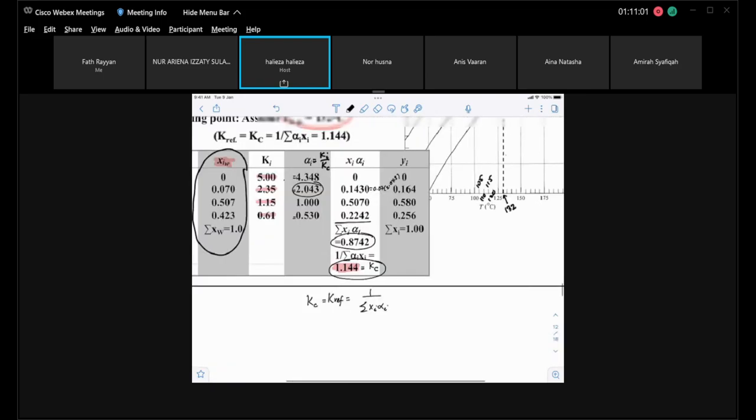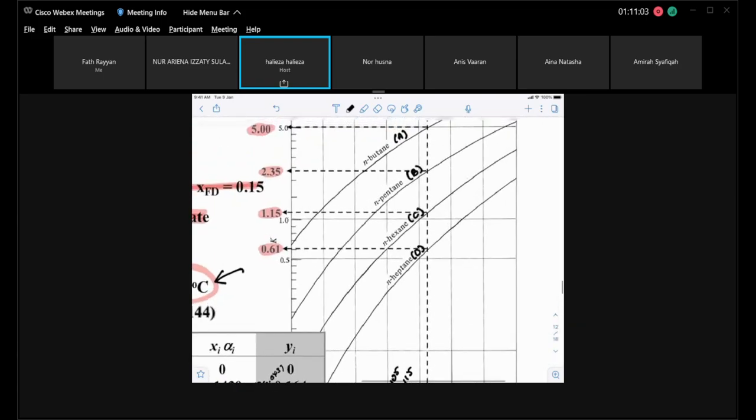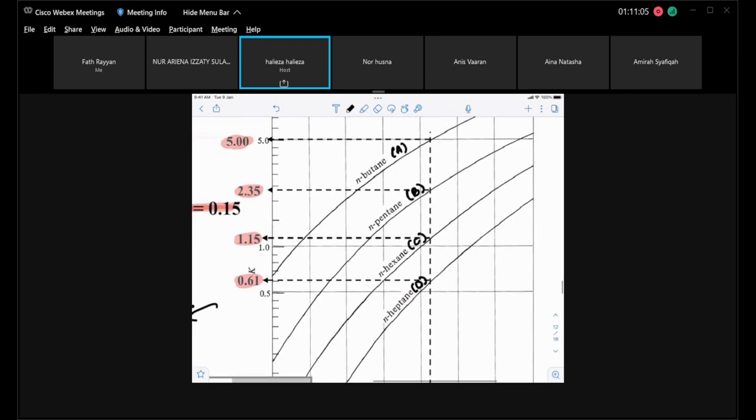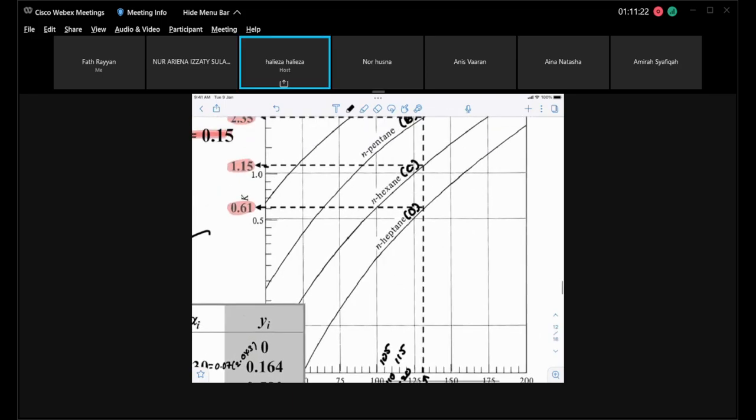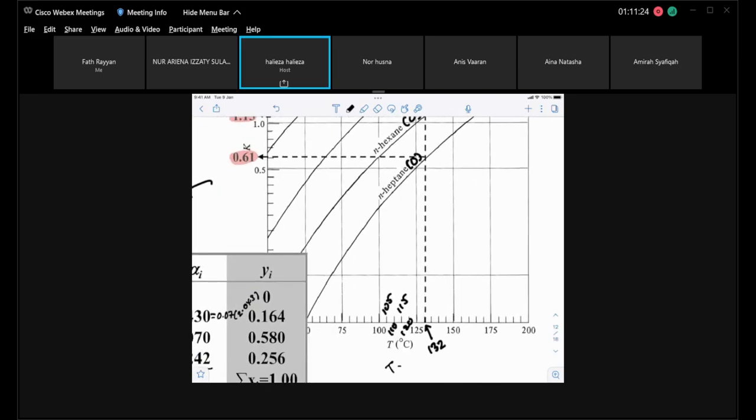Now let's go back to this graph. Where is 1.144? It's approximately 1.1, somewhere closer to 1.15, somewhere there. So that means the author somehow already knew that this is the exact temperature of the boiling point. The author already knew that the temperature is going to be 132. Initially, this is your assumed temperature.